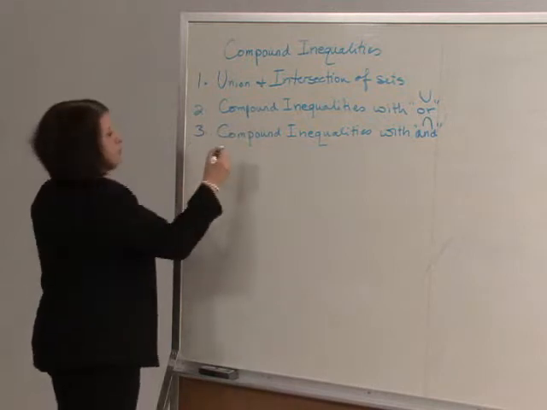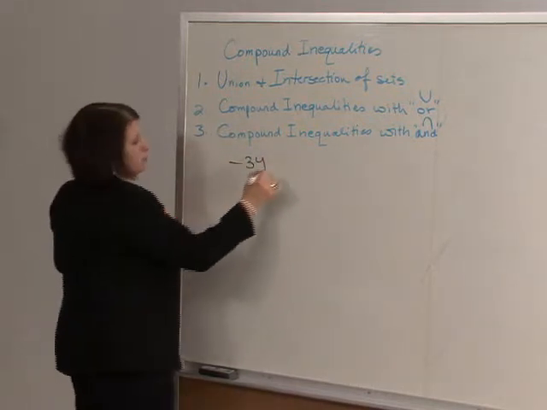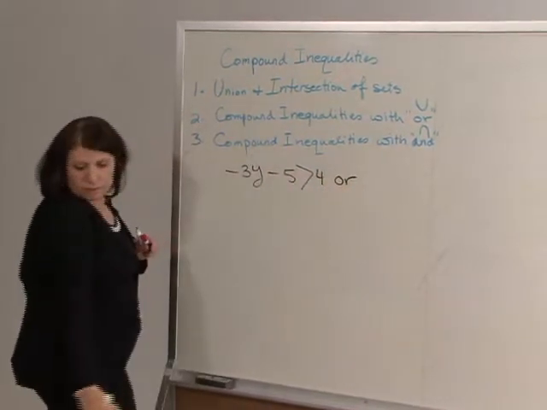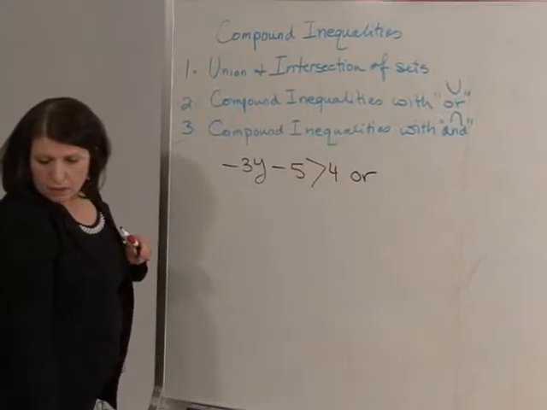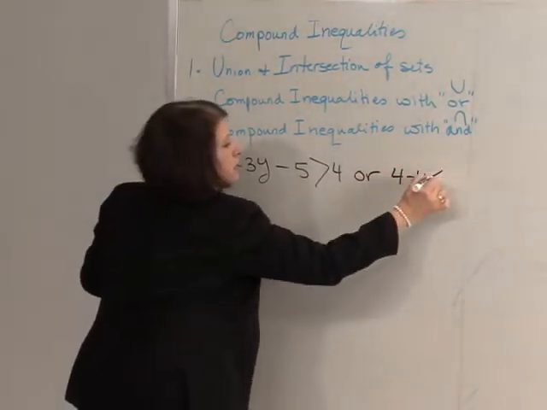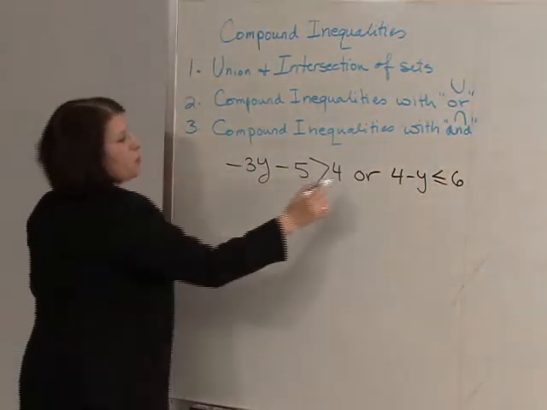Okay, negative 3y minus 5 is greater than 4, or 4 minus y is less than or equal to 6. Again, it's an OR statement.